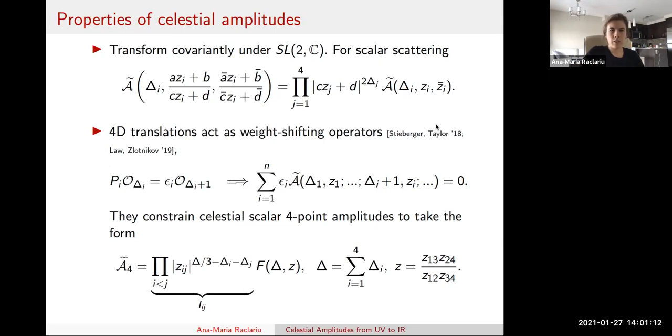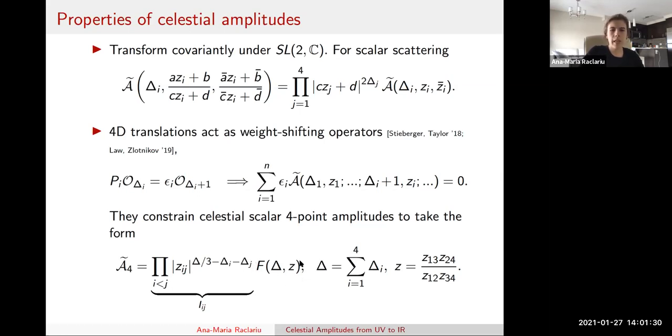we see that these two properties have to imply that the celestial amplitude takes the following form. So here, this is just the standard SL2C covariant prefactor, which multiplies conformal 4-point functions, also familiar from conformal field theory.